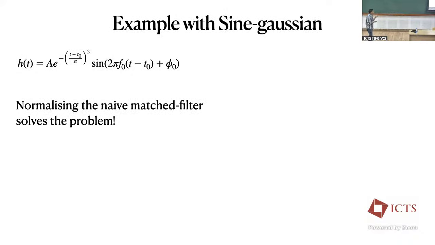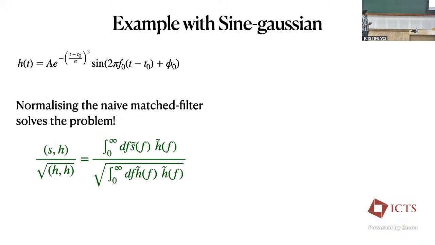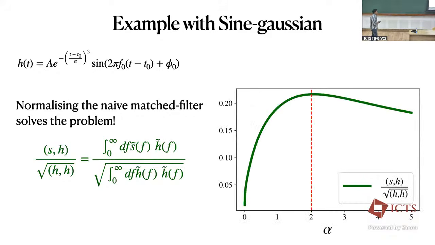So if we can normalize the naive match filter, that might solve our problem. By normalization, what I exactly mean is that I compute the autocorrelation function of our template in the frequency domain and take a square root. If you do that, we can see there is a peak at around alpha equals 2.